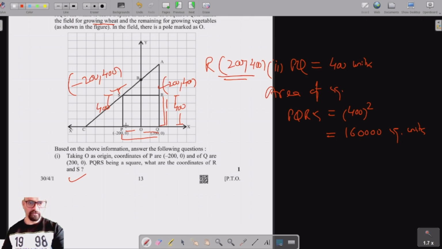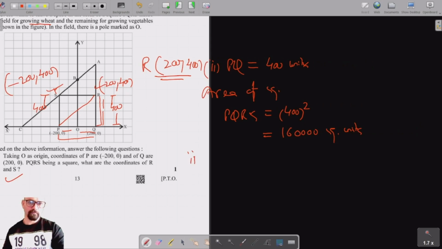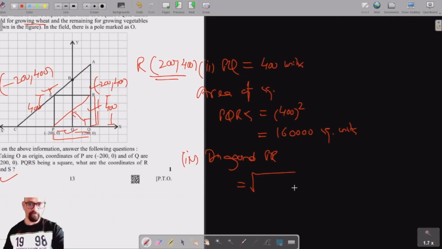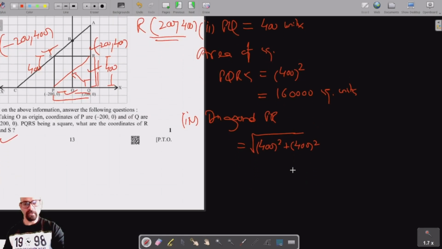So this is the diagonal PR. For diagonal PR, we know that it's under root of, so this is a right angle triangle, 400, this, and this, and the diagonal is the hypotenuse. So this is the square root of 400 squared plus 400 squared.